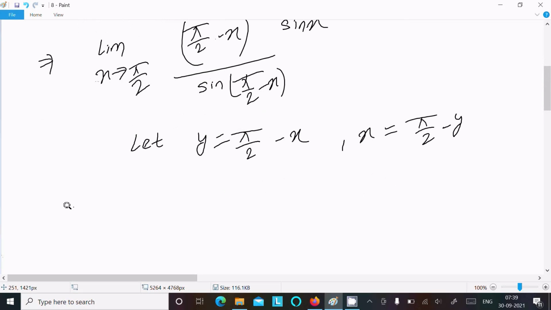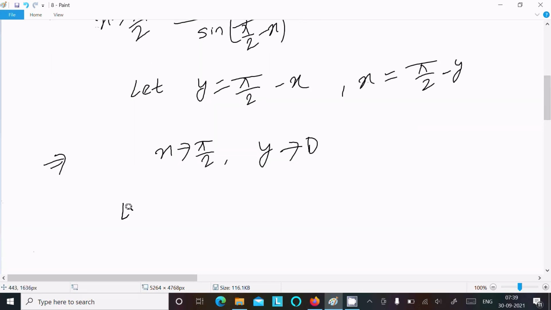Now, x tends to pi by 2, so y tends to pi by 2 minus pi by 2, that is, y tends to 0. So writing here the limit y tends to 0.